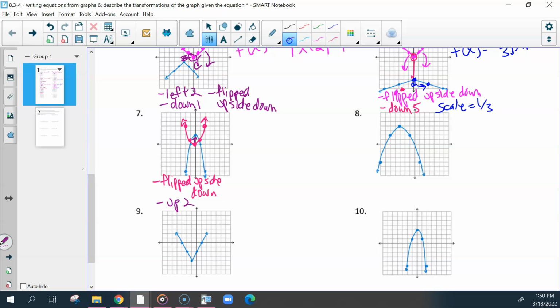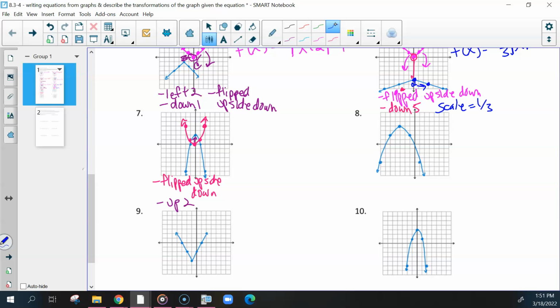Now, we can definitely see it's gotten longer or narrower. And to see by how much, we're going to look at our y values. So let's compare. We are going to compare the y values, but let's think about it like this.